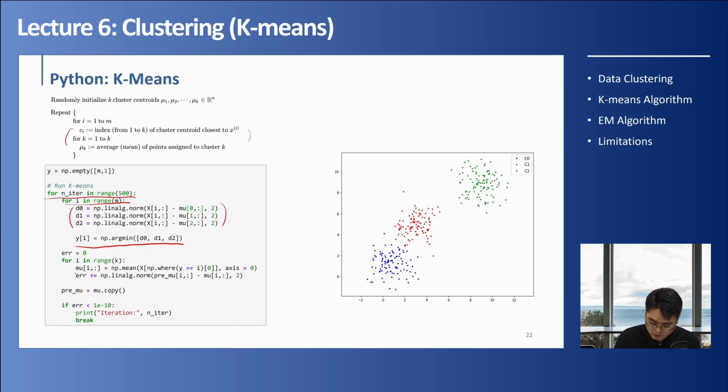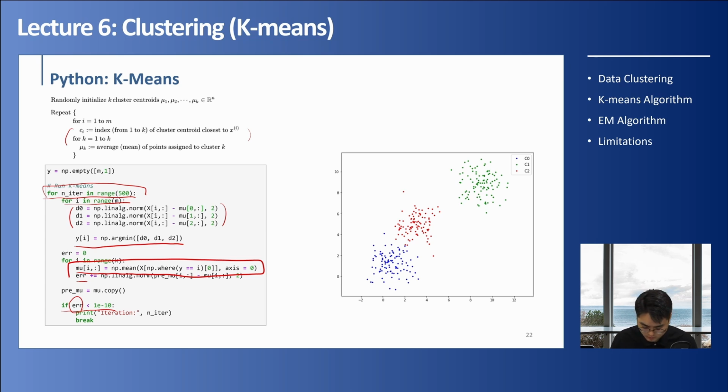Then we're going to calculate our new centroids based on these cluster indices which were assigned right before. And we're going to repeat this again and again until we reach good convergence, which is written here as error.